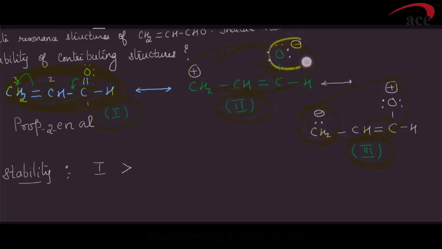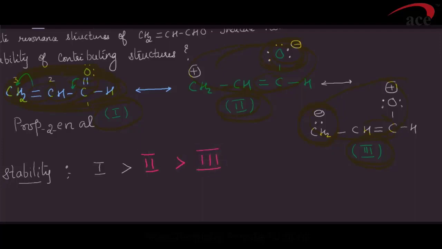Oxygen is more electronegative than carbon, and therefore if both structures have charges, we should find the one in which the negative charge resides on the more electronegative atom, and therefore structure 2 is more stable than structure 3.